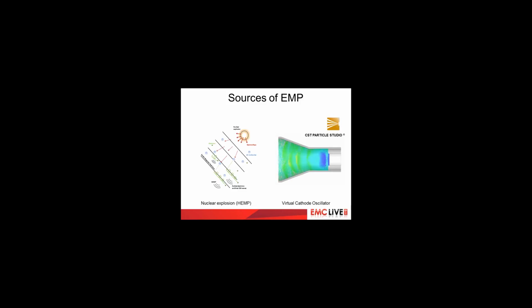But EMP can also be generated without a nuclear explosion. The virtual cathode oscillator, shown on the right, is a device capable of creating a very strong pulse of EM radiation. A massive short pulse of high voltage causes the cathode to emit an intense burst of electrons by the field electron emission mechanism. The electrons are attracted to the anode, and a large proportion of the electrons pass through the anode and form a cloud behind it, forming a virtual cathode.